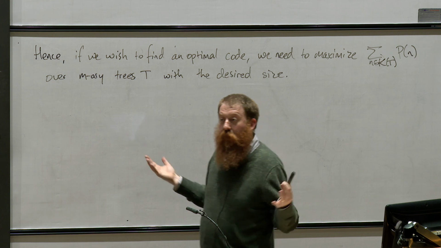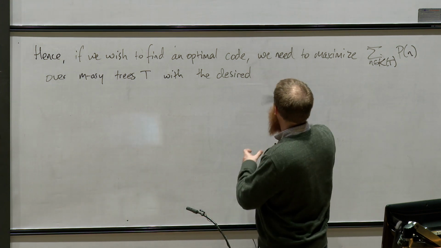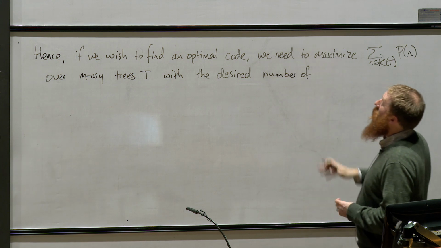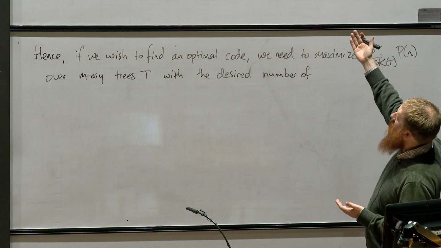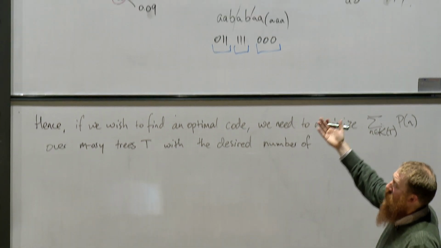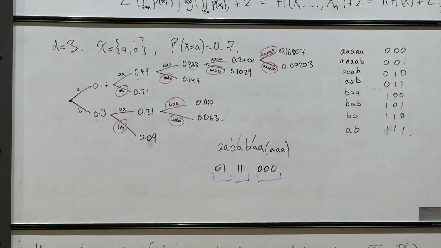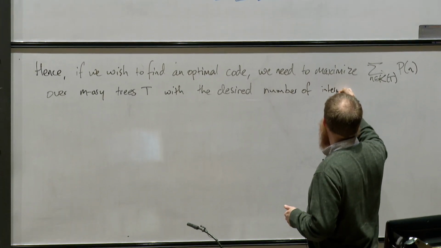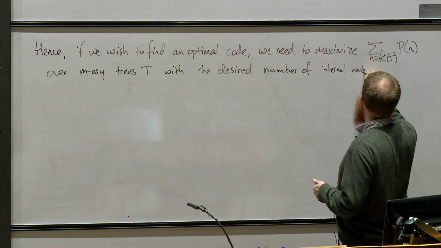So I've got the desired number of leaves, I should say. Well, the number of leaves, I could really say every time I add an internal node, I'm adding the same number of leaves, so the desired number of internal nodes.